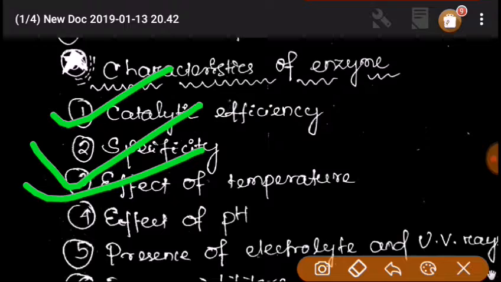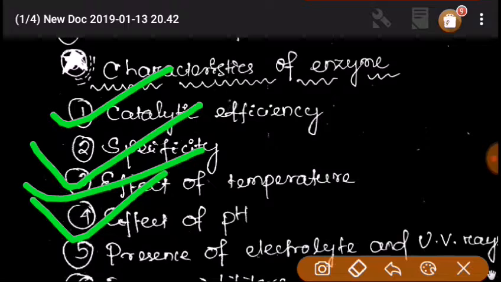Next I come to the effect of pH. What is the effect of pH? The rate of an enzyme catalyzed reaction passes through a maximum at the optimum pH. At higher or lower pH than 8, the enzyme becomes less active, because pH 8 is its optimum value.